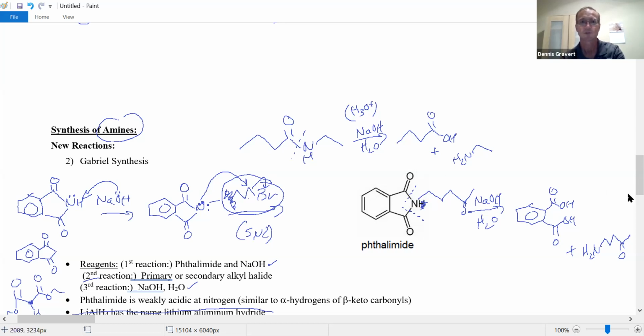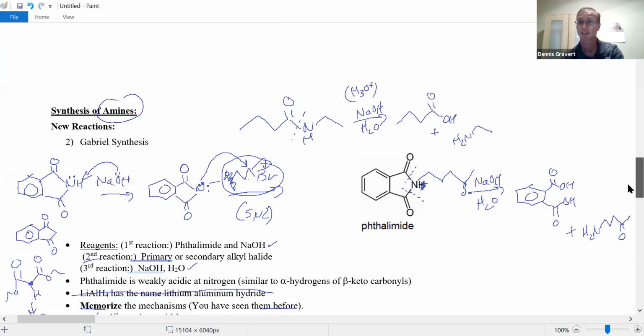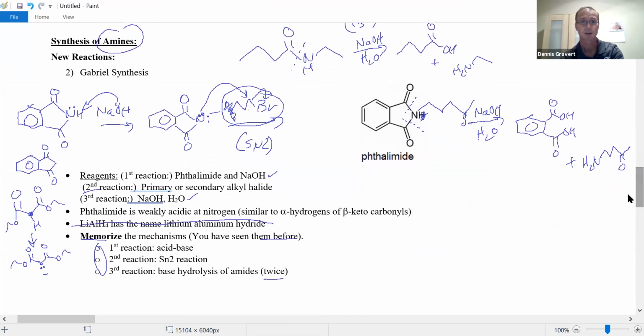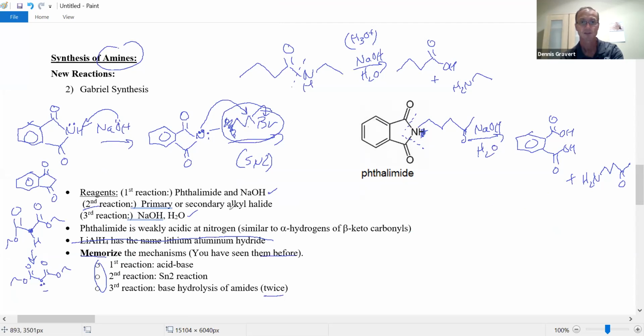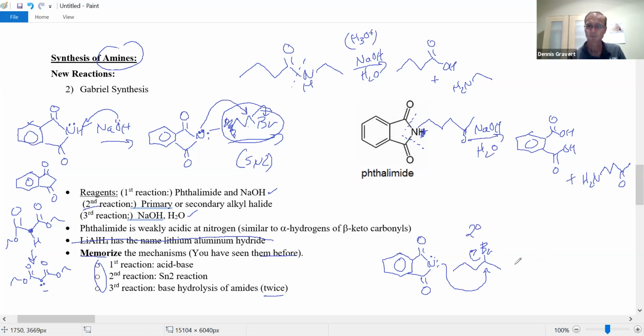Cool. Okay, so there's two new ways of making amines, but they both suffer from the limitation that they can only make primary amines. Oh no, that's not true. You can actually use a secondary halide. This one, and I guess you can do it in sodium azide too. This can still do an SN2 reaction on a secondary halide.